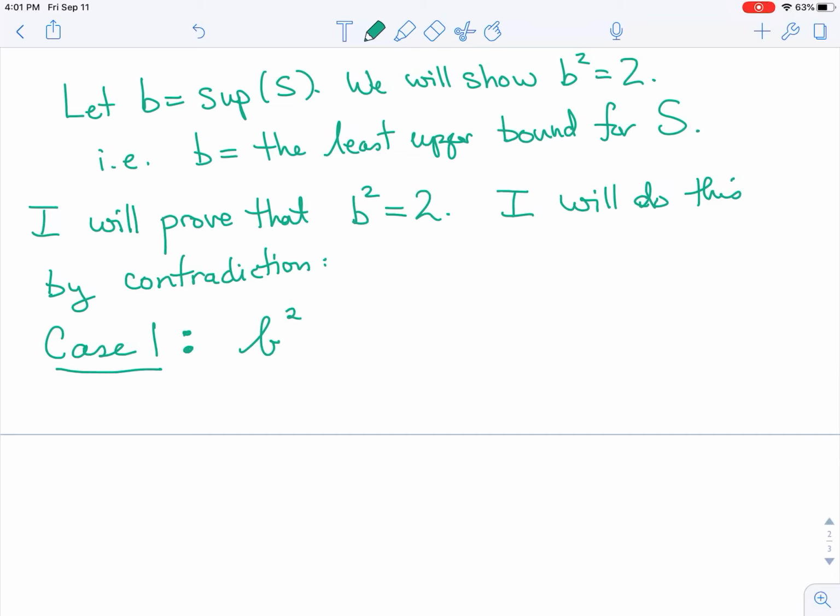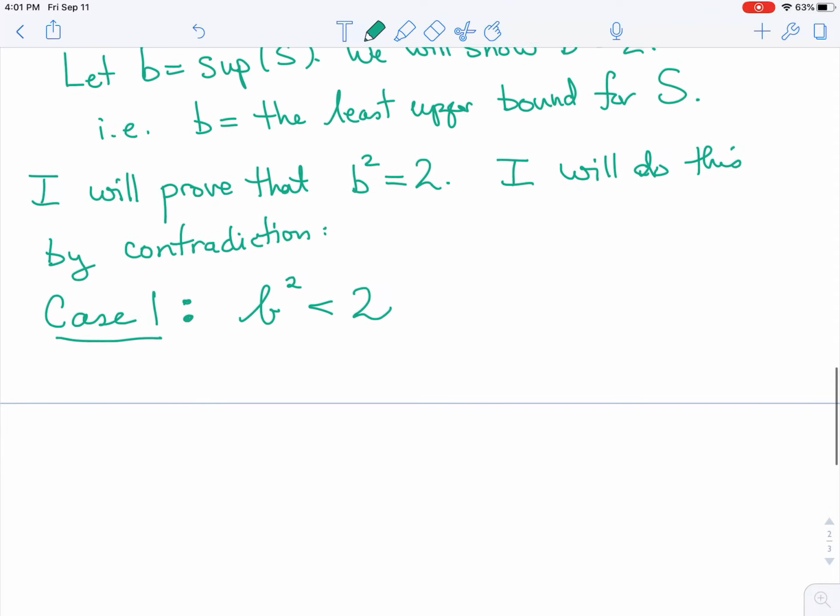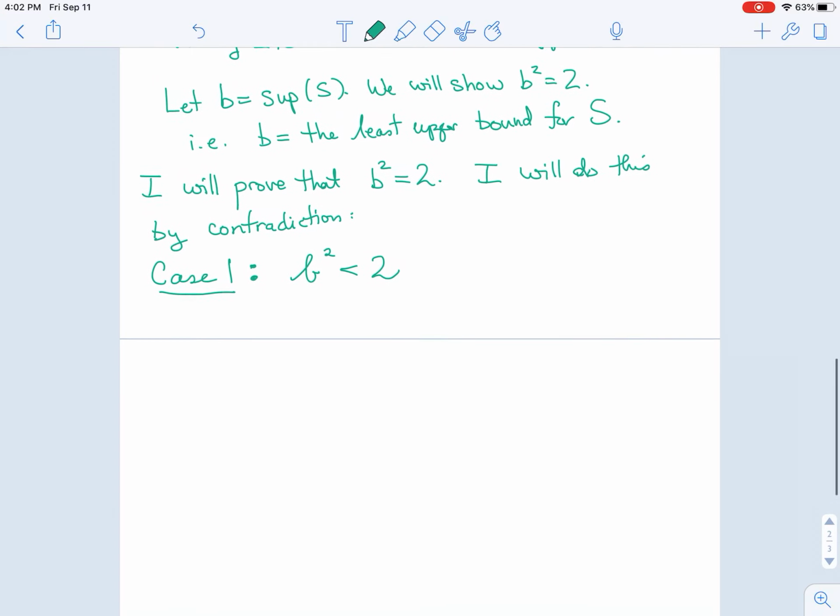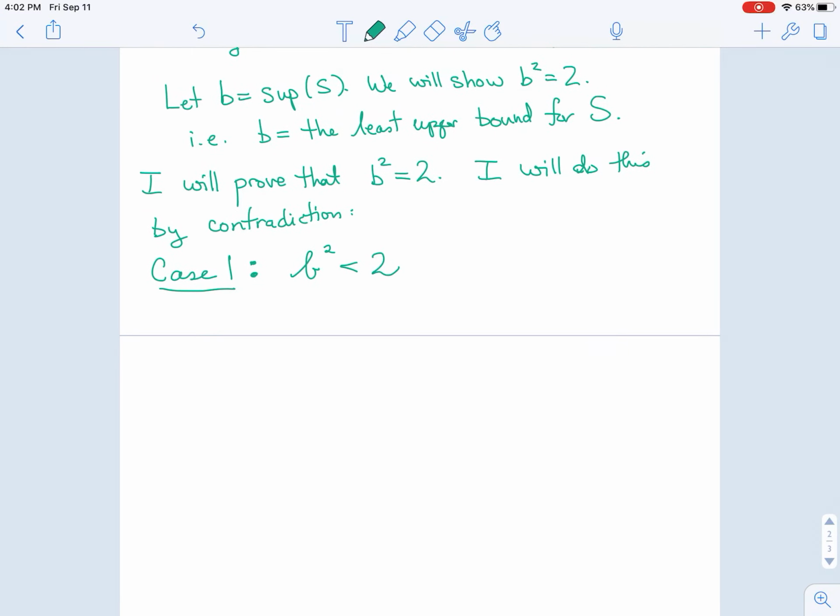I'm going to say, well, what would happen if B squared was less than 2? Right? And so I'm going to write a proof. We're going to say, what would happen if B squared was less than 2? Boom, contradiction. Right? So that means that can't happen. Okay. Now what about case 2?